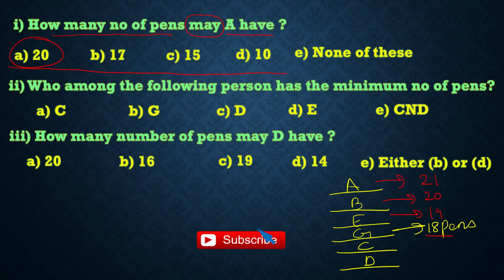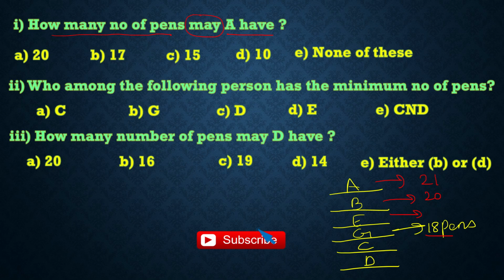So 21 would be the right answer. But they have not given 21 in the option. You will directly go and mark 20 as the answer. But it is wrong. Why? Because it's pen. So if E is having 19, B will have 20. A will have 21. But 21 is not given in the option.